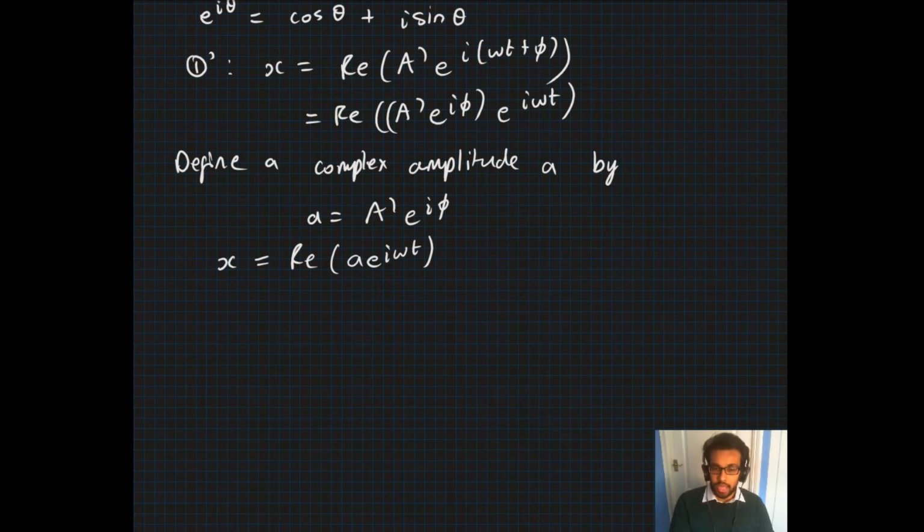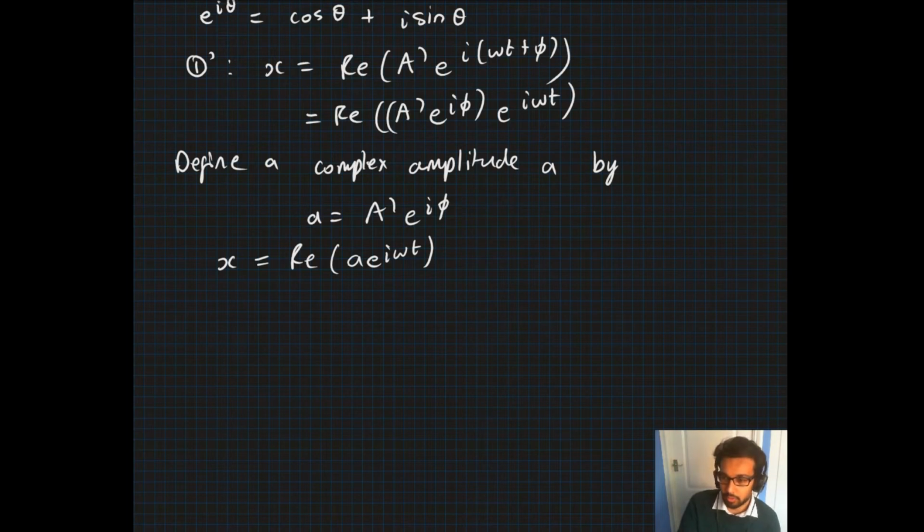So the modulus of A, this complex amplitude that we defined, is the amplitude A prime of the oscillation, because using this definition, the modulus of e to the i phi for any number phi will always be equal to 1, because we have cos theta plus i sin theta. So when we take the modulus of this, we'll get cos squared plus sin squared, which we know is always equal to 1, no matter what the angle theta is.